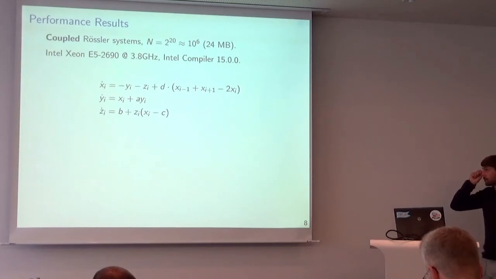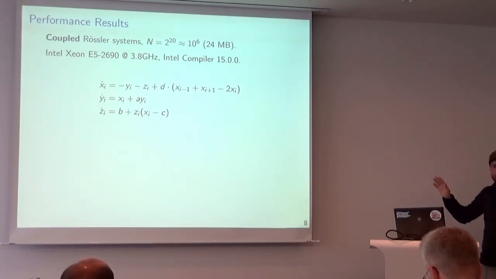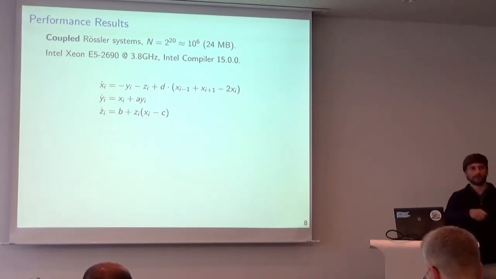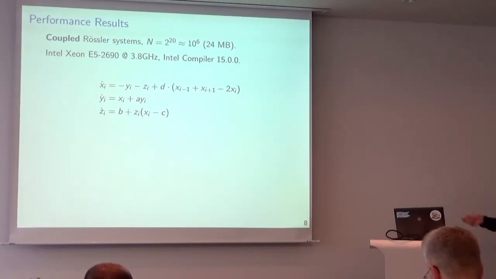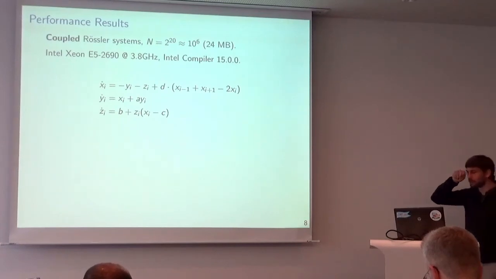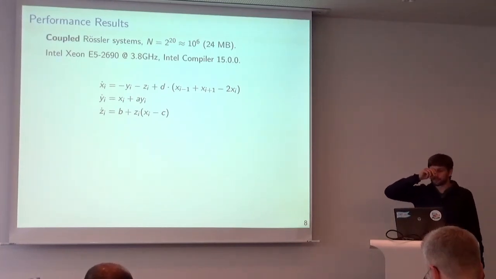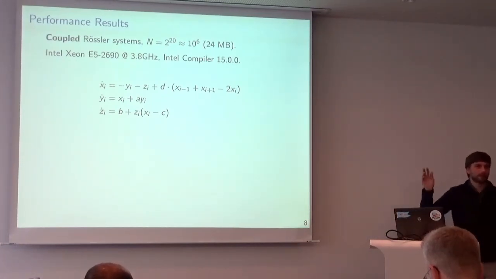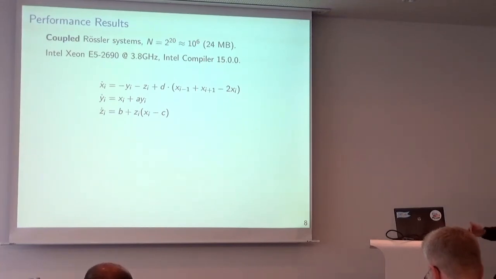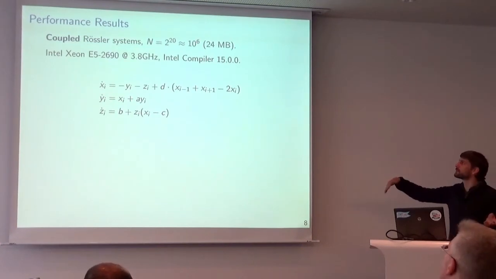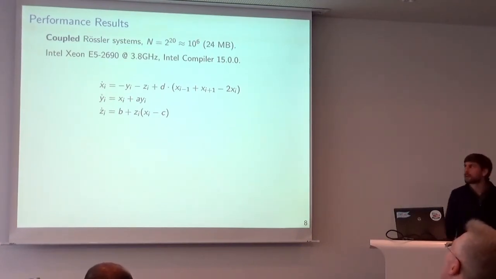Let's look at some performance results, some details on the actual problem. I'm not dealing with pendulums. I'm dealing with so-called Rössler systems, which is a 3-dimensional system with a chaotic attractor, fancy physics. I work with 1 million of those, which means they take up roughly 24 megabytes.